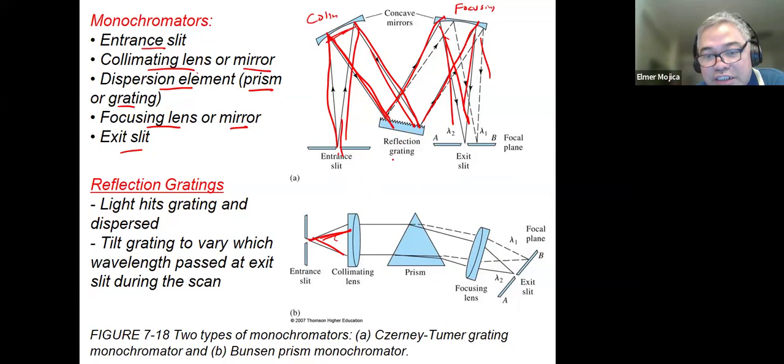Instead of a reflection grating, it passes through the prism. What does the prism do? It disperses the light into component wavelengths, right? Due to the varying refractive indices of the material, you get different wavelengths.